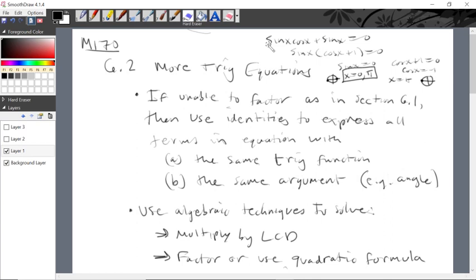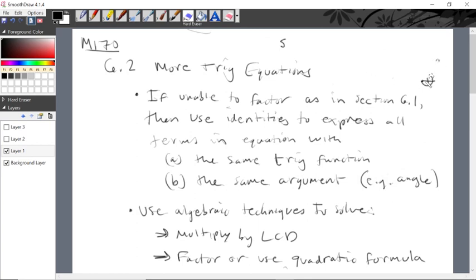All right. So moving into section 6.2, if we can't apply that strategy, but suppose that we have more than one trigonometric function in the equation, like the equation that I just had had a sine function and a cosine function in it, but we were able to solve it by simply factoring.